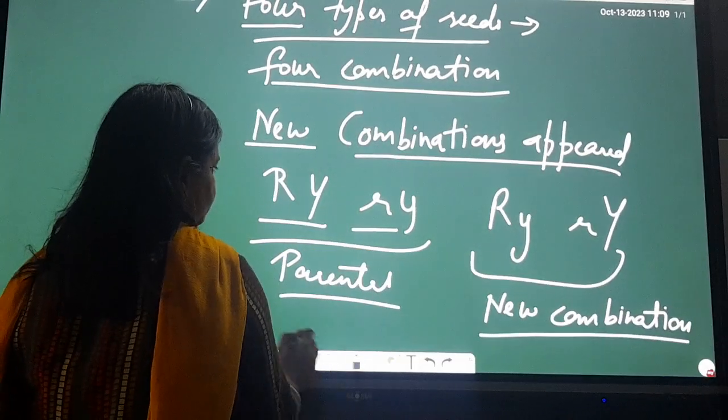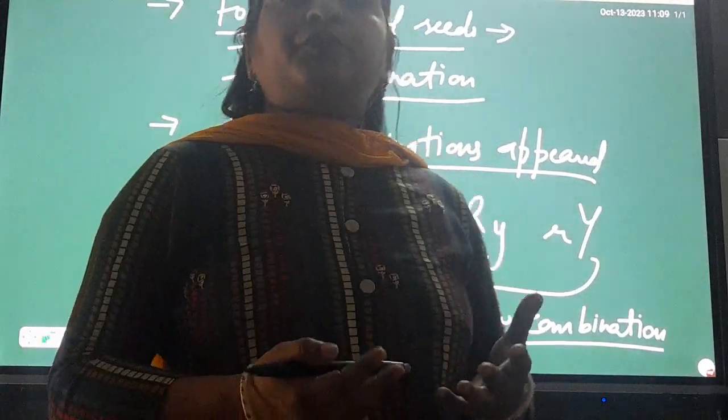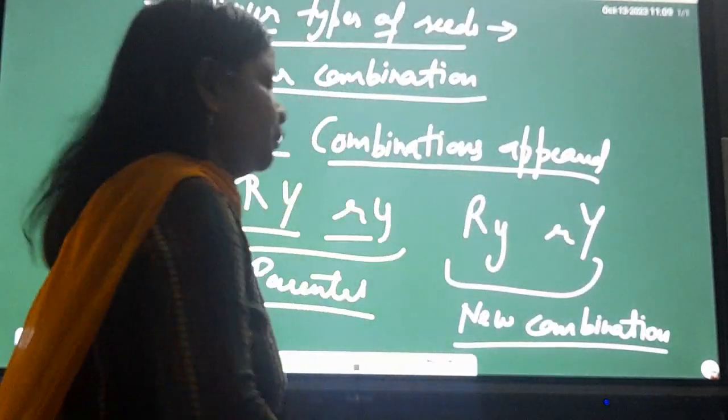So from here he stated the new law, the law of independent assortment.